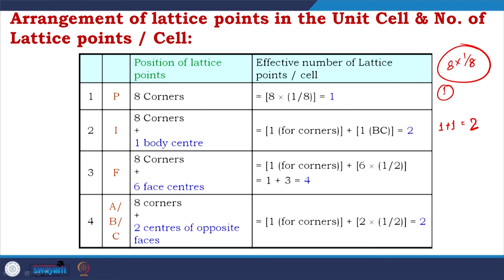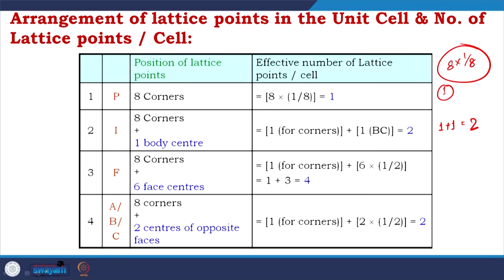For F, it has faces. So, 6 faces and 8 corners. So, 1 plus 3 equal to 4. And then for the C centered, A, B or C, it has 2 centers of opposite faces.